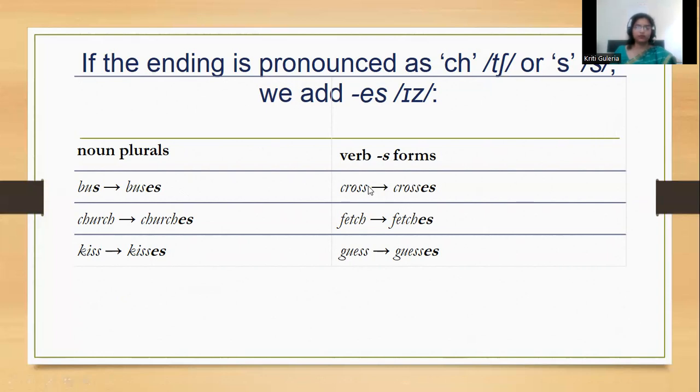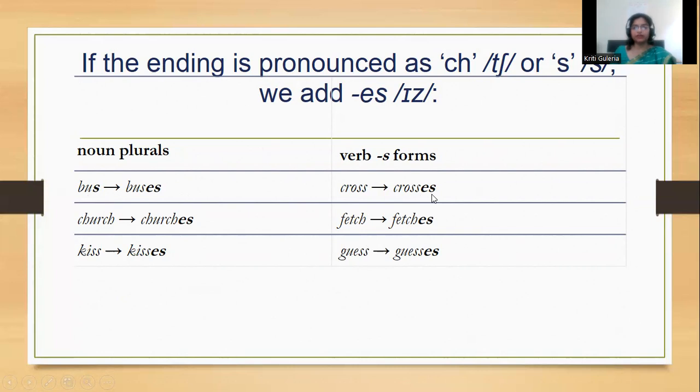Whereas under verb form, cross becomes crosses, fetch becomes fetches, guess becomes guesses. See, in the sounds s, ch, sh, we are adding es. Clear?